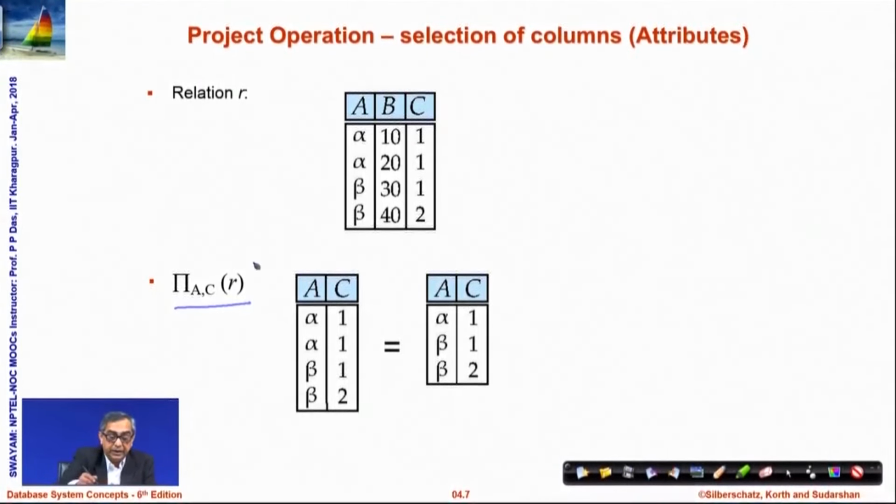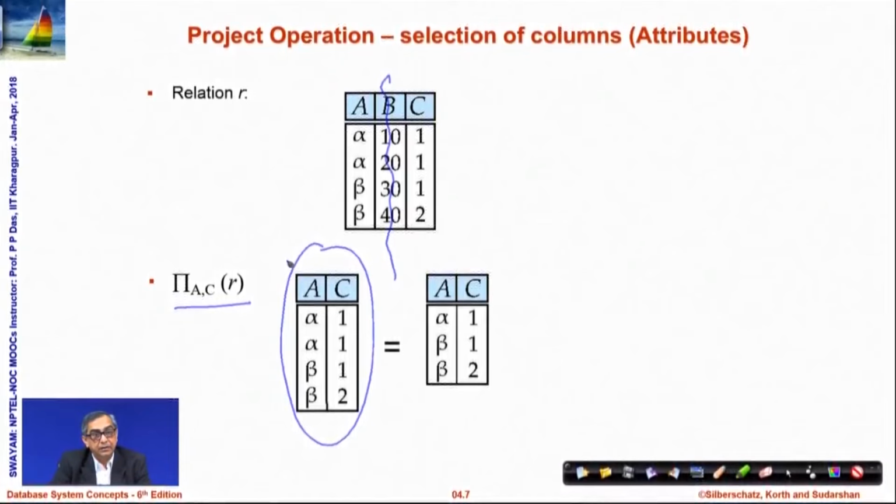Basically, the column which is not selected in the projection, you can simply forget about and erase. If you erase that, you get this relation. Please recall that a relation is a set, and in a set every element has to be distinct.